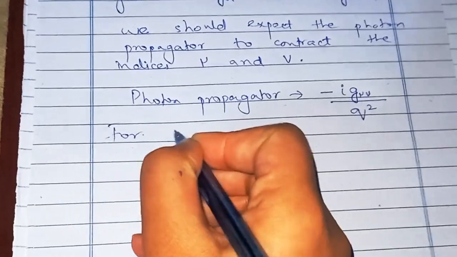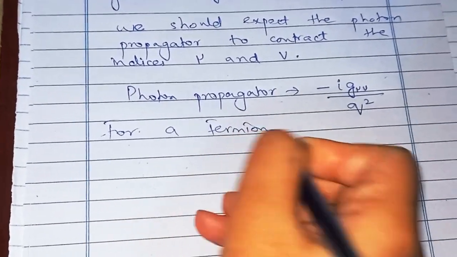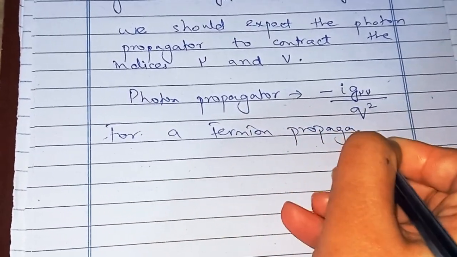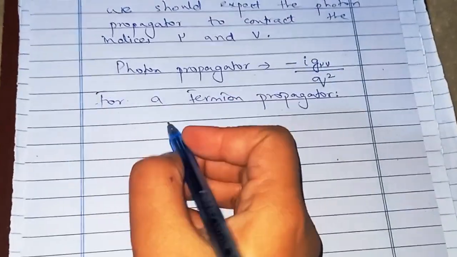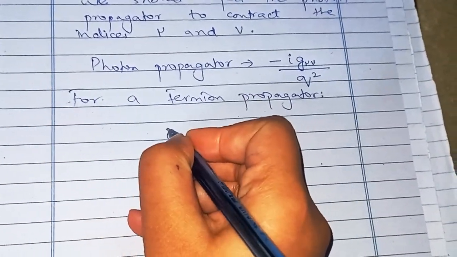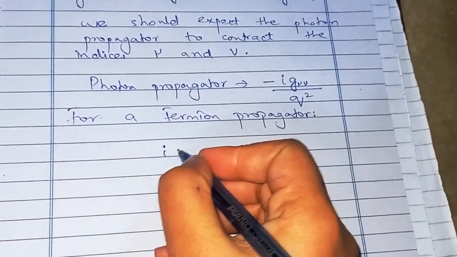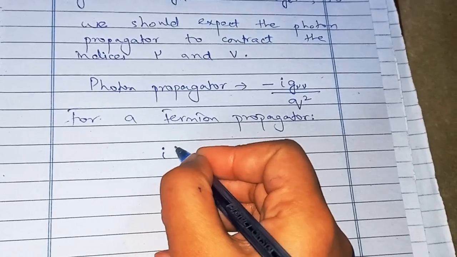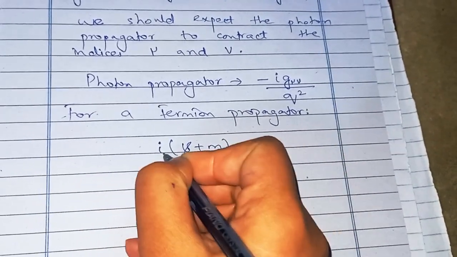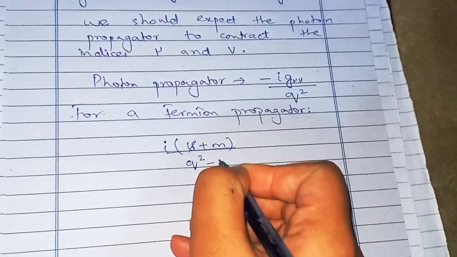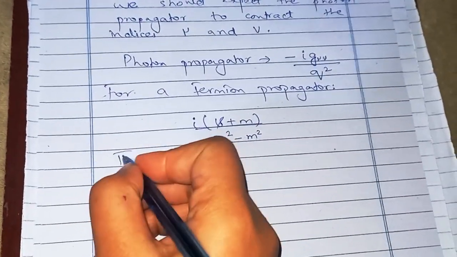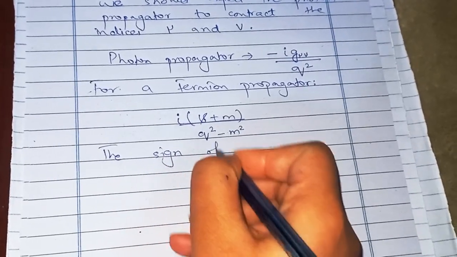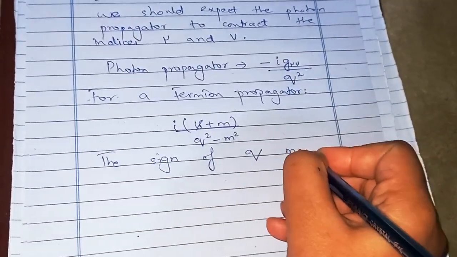Now a fermion propagator: sometimes the electron serves the purpose, as a virtual propagator. So this also happens. If there is a fermion propagator, this is the expression you are supposed to use: i (q-slash plus m) divided by q squared minus m squared. The sign of q matters.